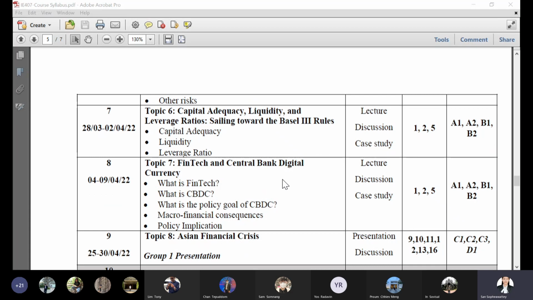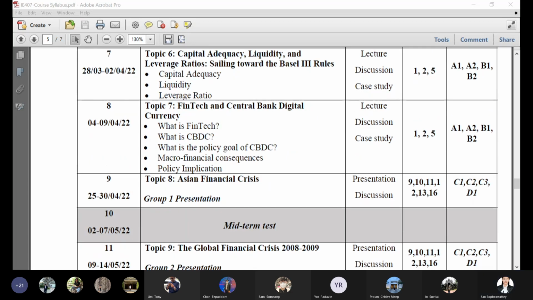We also touch on fintech and central bank digital currencies because they are hot topics, with a lot of debate on whether central banks should issue digital currencies or not. So we will look at that as well.